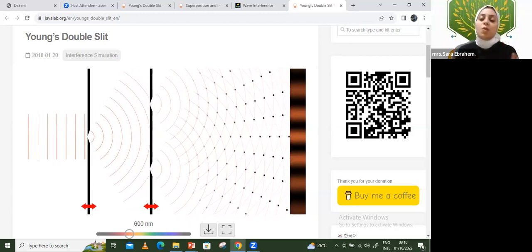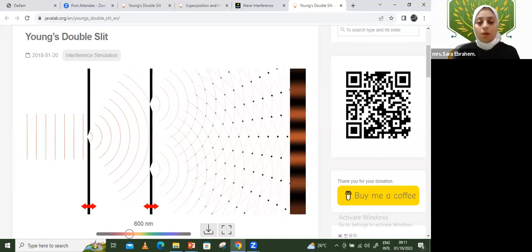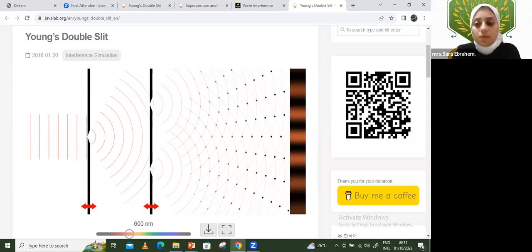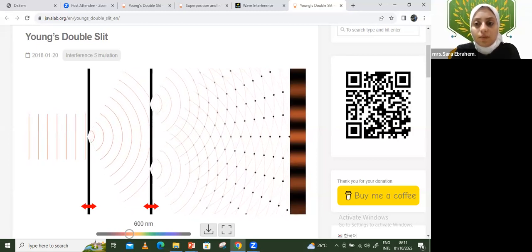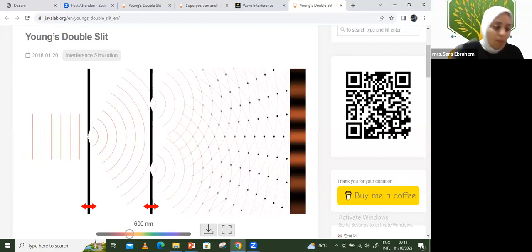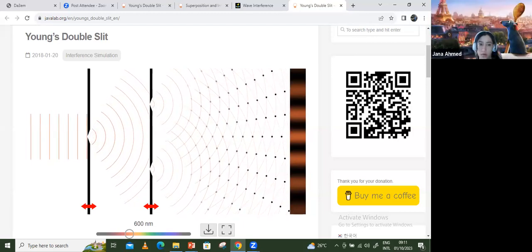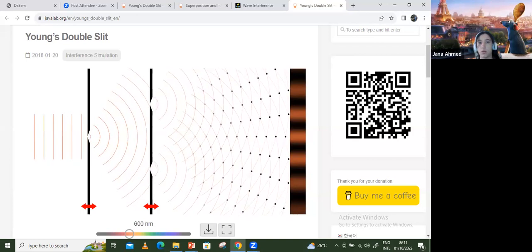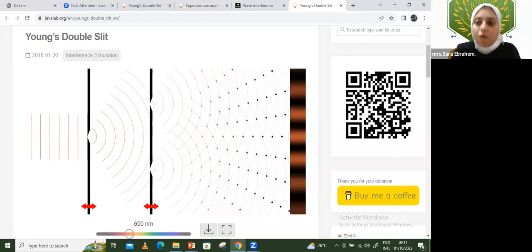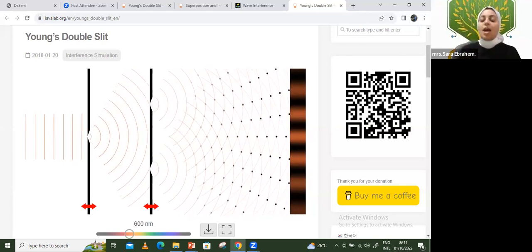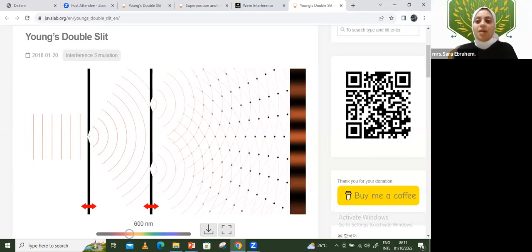So what's the meaning of wavefront? Jana? Wavefront is the first one that passes through the one slit. Wavefront is the curve, the surface of a wave, and all points have the same phase.